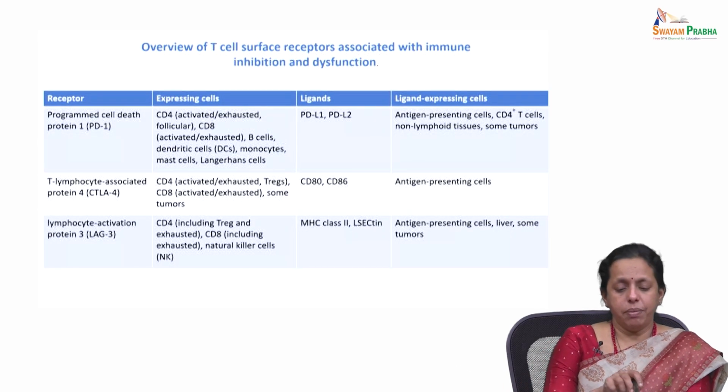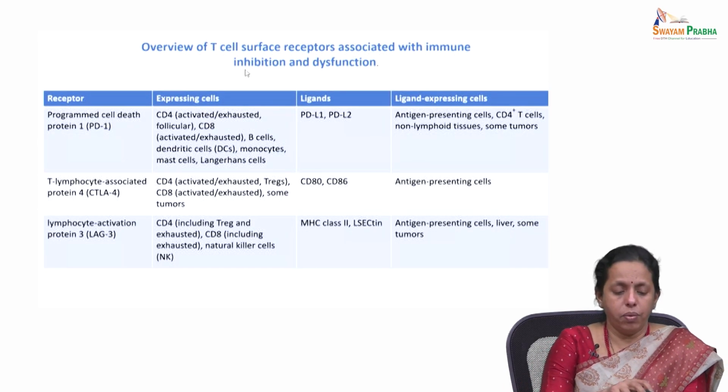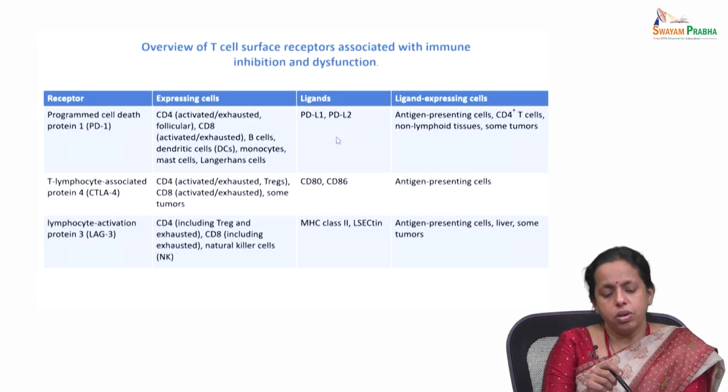Now, just a very brief overview of how the receptors are associated with immune inhibition and dysfunction. Programmed cell death protein 1, PD1, is expressed by your CD4 and CD8 lymphocytes, dendritic cells, monocytes, mast cells and Langerhans cells. It binds to its PDL1 and PDL2 ligands.